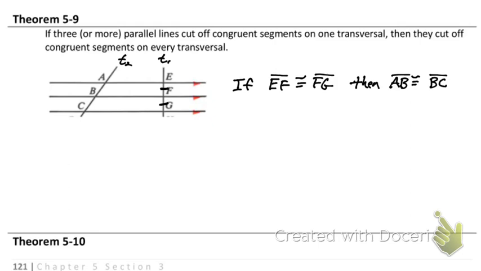And it's because that distance is now fixed. You are basically saying the distance from these 2 lines is the same distance as these 2 lines. So that means any transversal you draw, the distances are going to be congruent. So once again, AB would be congruent to BC.